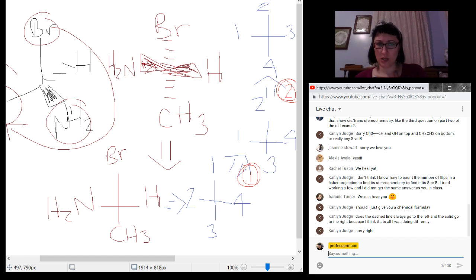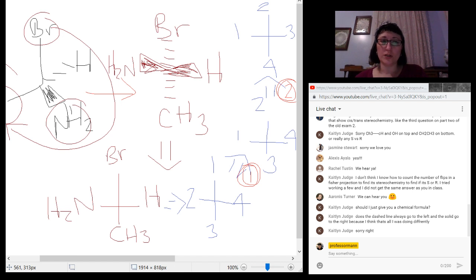I don't know what you mean by the dashed line always going to the left and the solid going to the right. Are you talking about when I just drew it from this to that? There are multiple ways you could have done that.